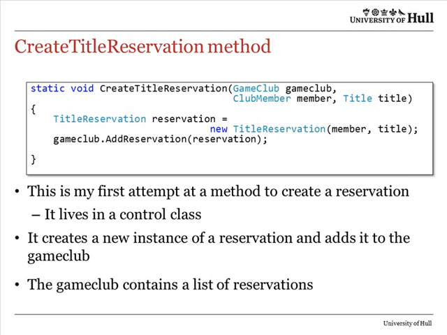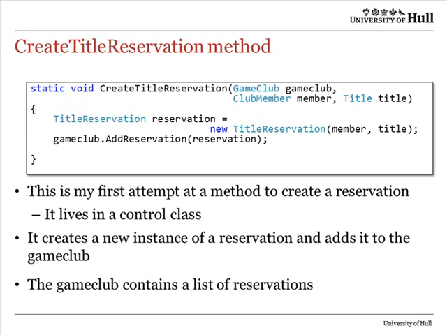Okay, this is a little method that lives inside a control class somewhere. I've made it static. A fair amount of the work has been done in advance before we call this, in that to get to the point where we call create title reservation, we have a game club, obviously, we have the member who we've located, and we have a title we want to reserve. So this is basically the behavior in the very last blob of our activity.